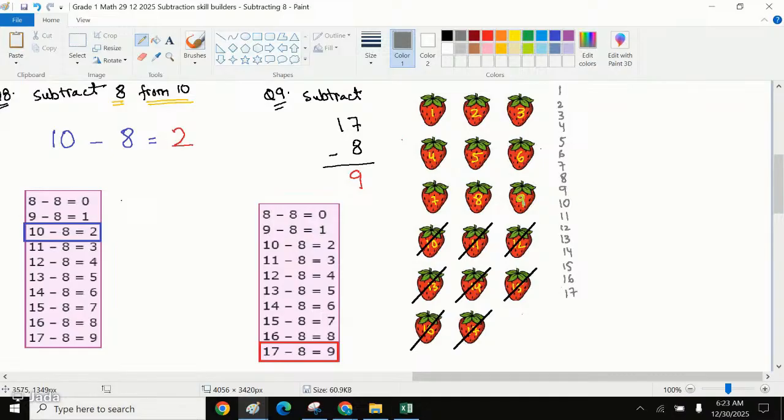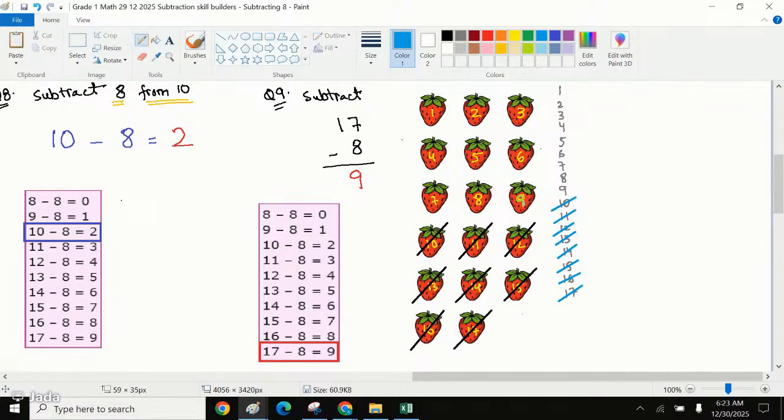You cannot draw 17 strawberries just to solve this question. So an easier way is to write down the numbers, okay? And then we start canceling them out. 1, 2, 3, 4, 5, 6, 7, and 8.